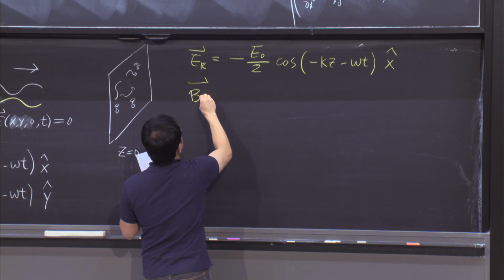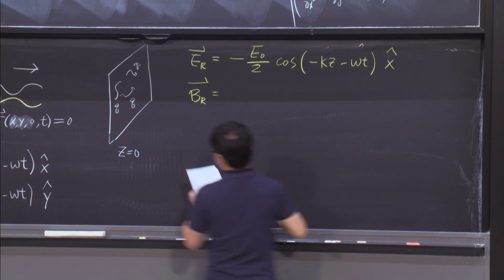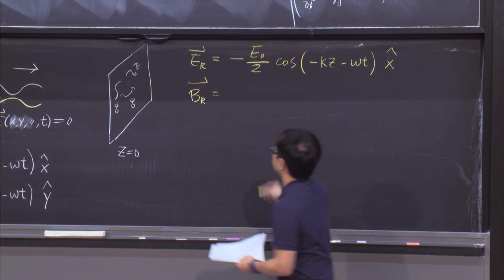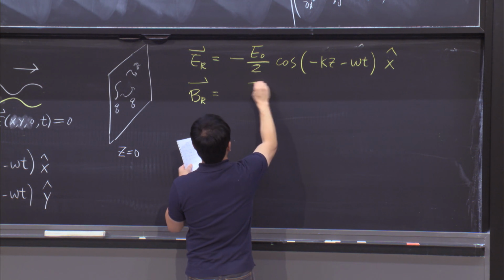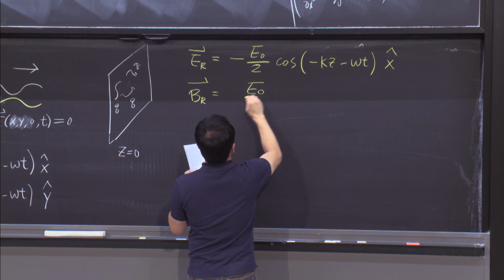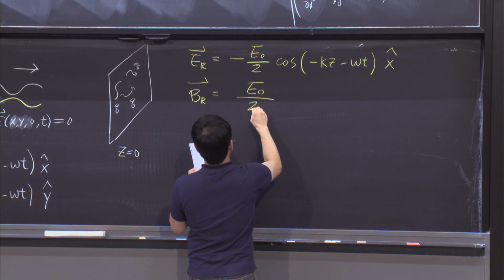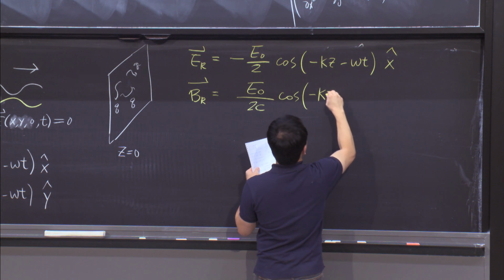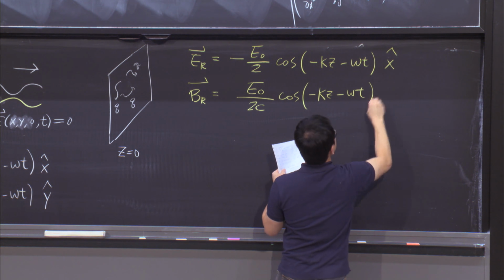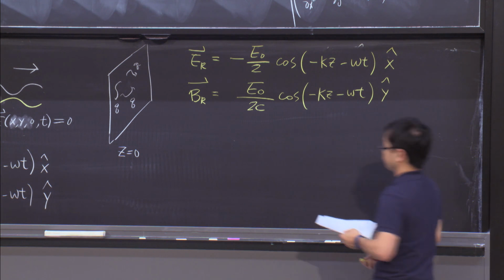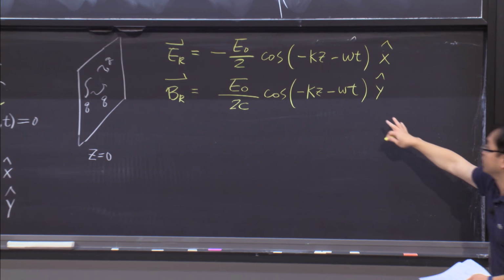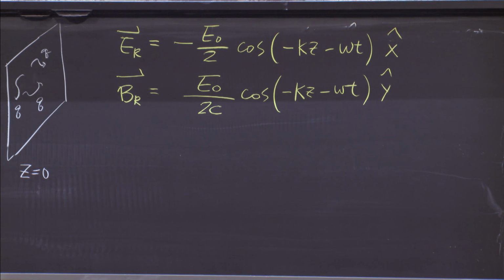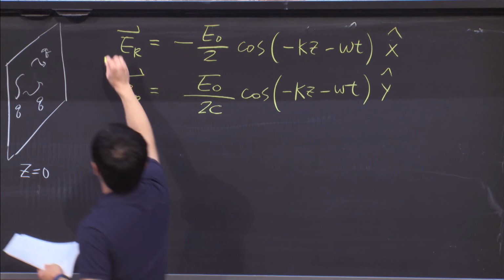And the corresponding B field, I can also write down using exactly the same formula. Basically what I conclude is that this will be equal to E0 over 2c cosine minus kz minus omega t in the y direction. Okay, so you can check this expression after the lecture.